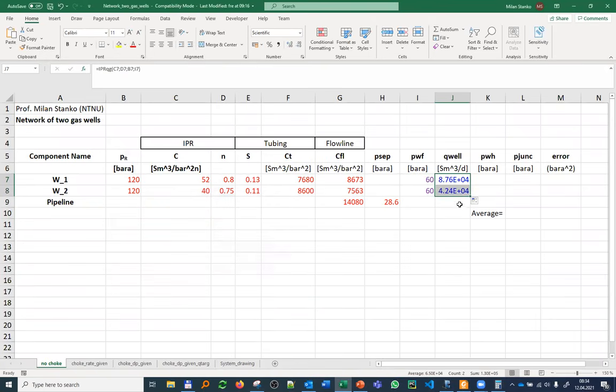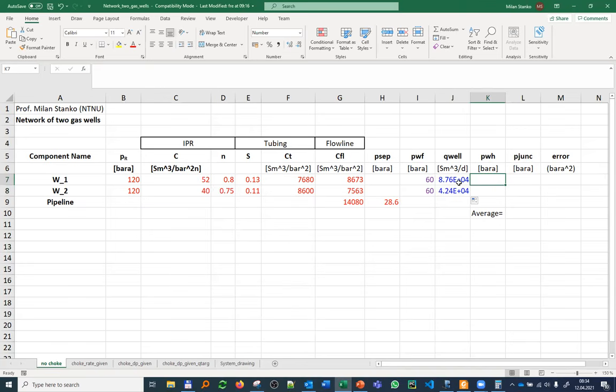I got 87 and 4 and a half. Even though they have the same pressure and the same reservoir pressure, their deliverability is almost half. You see here that the C is actually higher than the other C, so that might be the reason.